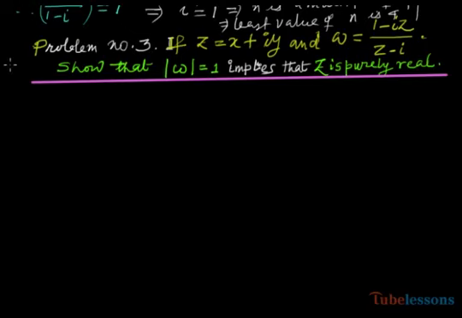Our next problem is, if z is equal to x plus iy and omega is equal to (1 minus iz) by (z minus i), show that mod of omega is equal to 1 implies that z is purely real.